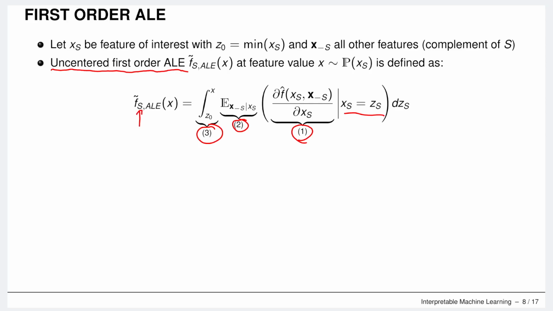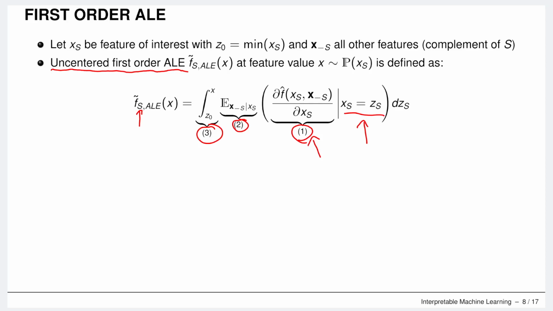Again, the first step, we are taking the partial derivatives of the prediction function with respect to the feature of interest. Remember that this will remove all main effects of other features to avoid the omitted variable bias as in M plots. Then we are using the expectation evaluated at this point z_s to average the local effects.